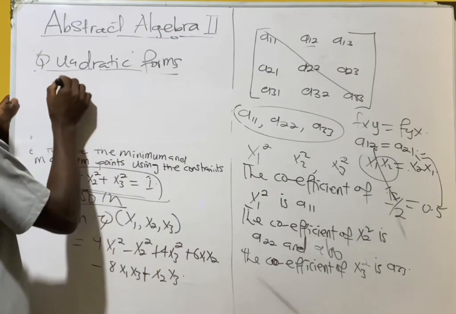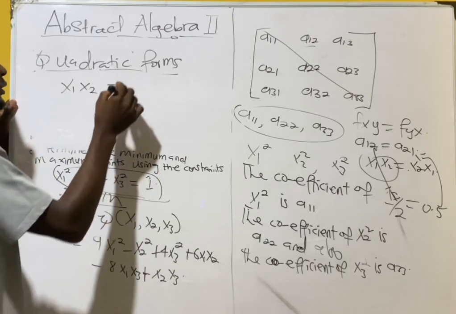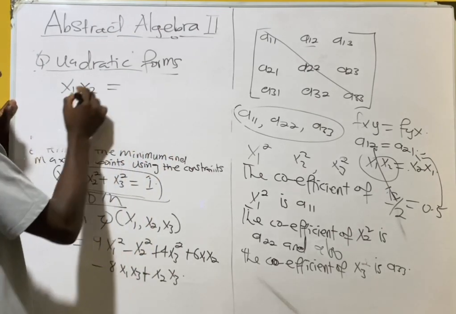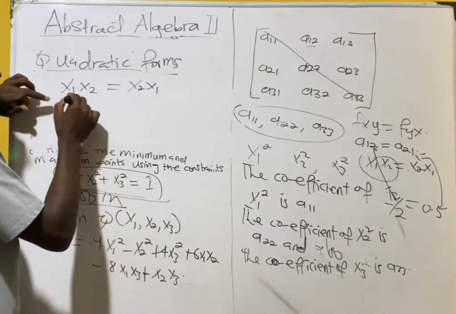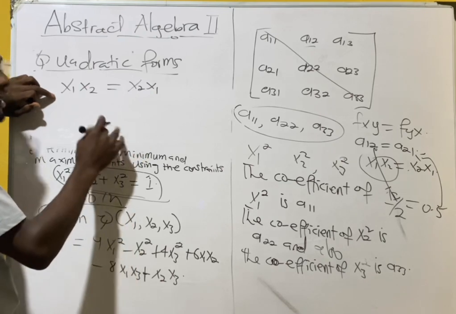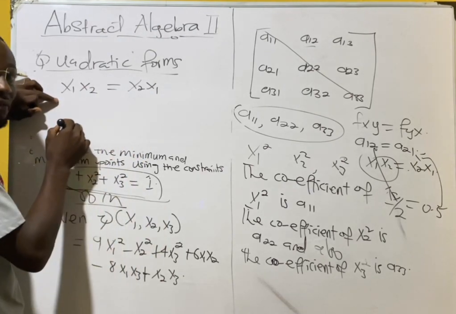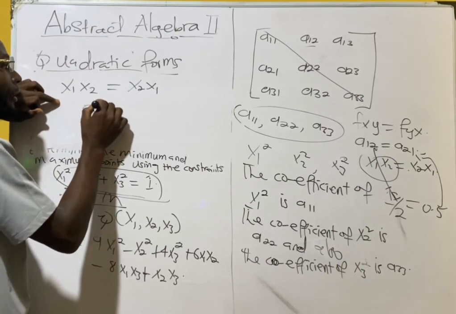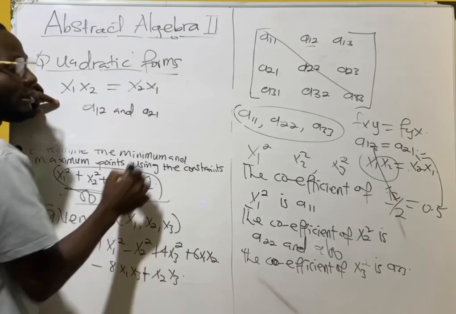And the coefficient of these elements, when you divide it by 2, gives the value for A12 and A21, right?